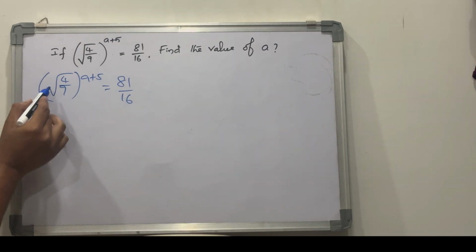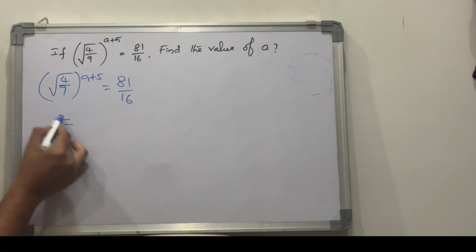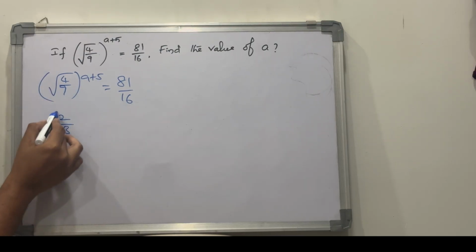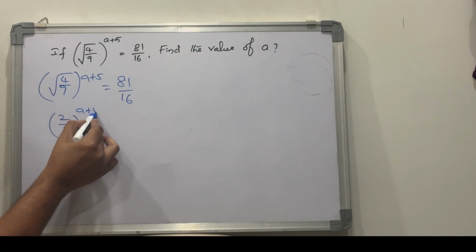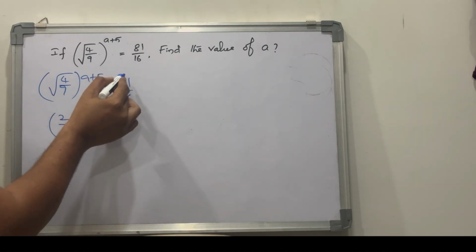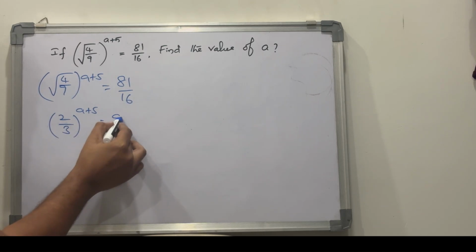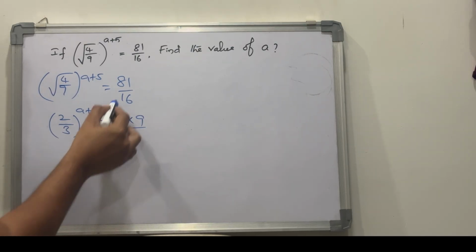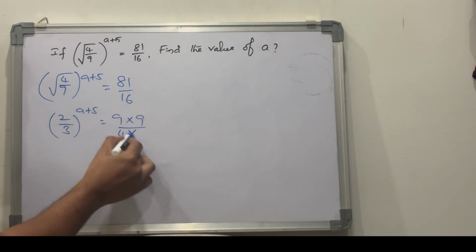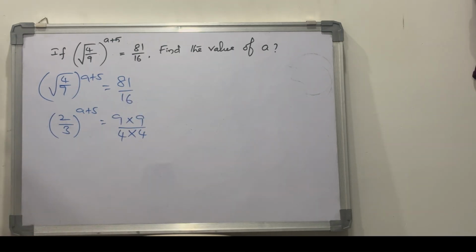You know, root 4 is 2 and root 9 is 3, whole power a plus y equals to, you can write 81 as 9 into 9 and 16 as 4 into 4.